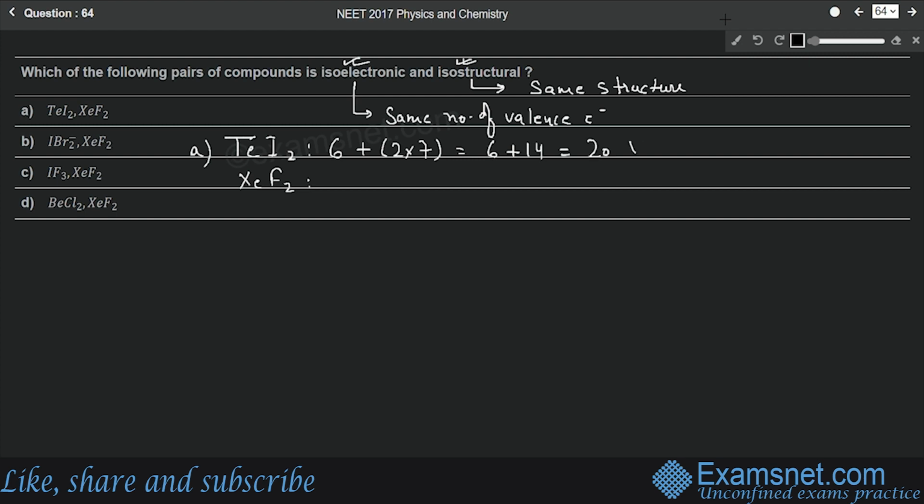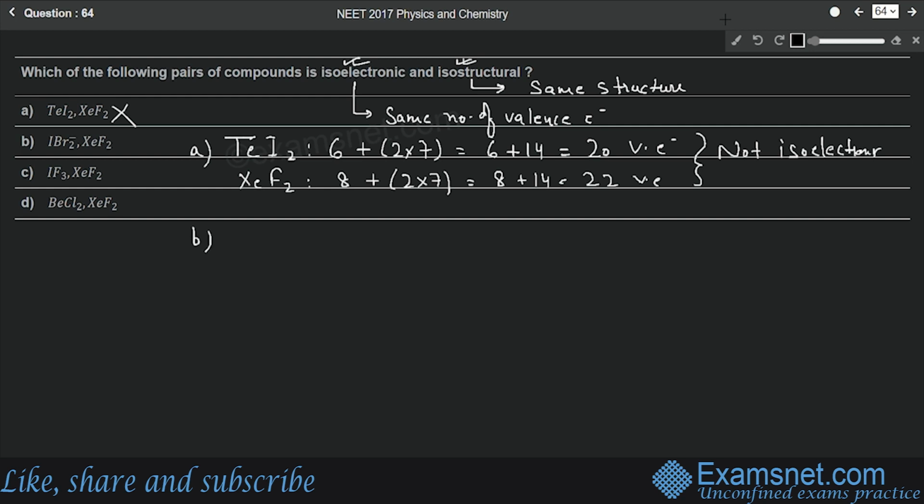And in xenon fluoride, xenon has 8 valence electrons. Fluorine has 7 each, so for 2 fluorine, 2 into 7. So here we get 8 plus 14, that is 22 valence electrons. That means they are not isoelectronic, because the number of valence electrons is not the same. So this is not the correct answer.